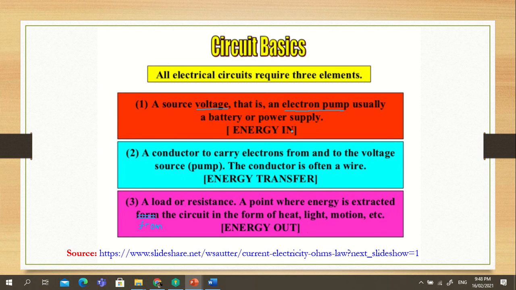So we have energy in, energy transfer, and energy out. This is how you can think of the three required elements in electrical circuits. These are the basic concepts of a circuit.